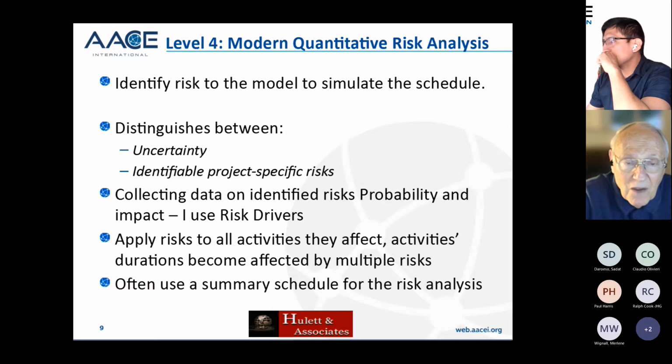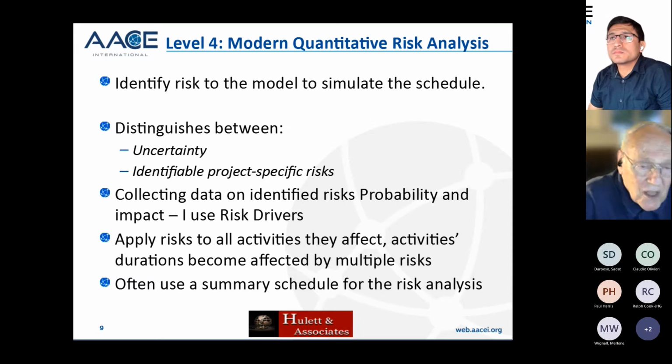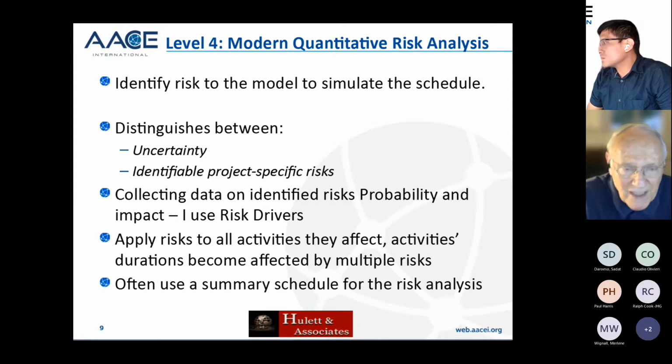So we want to collect data on identified risks, probability, and impact. Well, first of all, we have to identify the risks, and I start with the risk register. I'll come back to the methodology in a moment. Then we apply the risk to all the activities they affect. And so you might have a risk that affects all piping activities in a refinery, or all engineering activities in an aerospace project, or all procurement activities, or things having to do with the soil and the land.